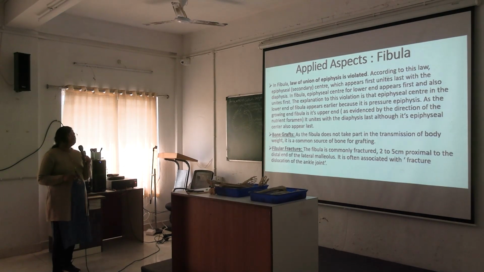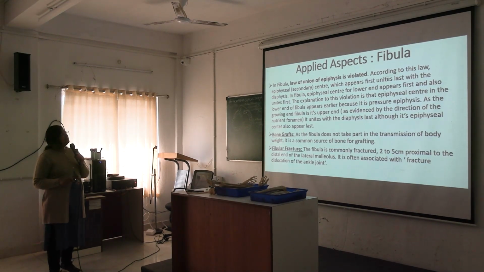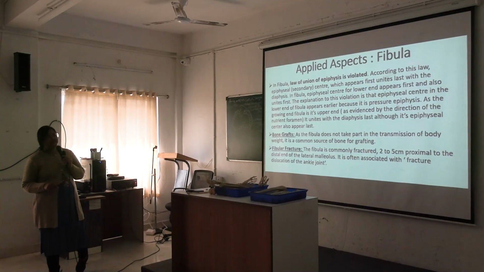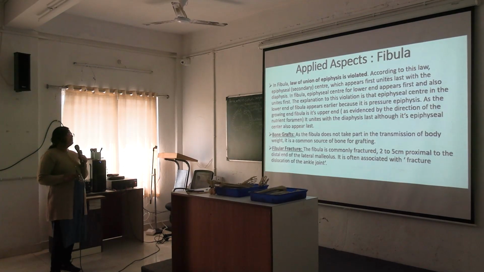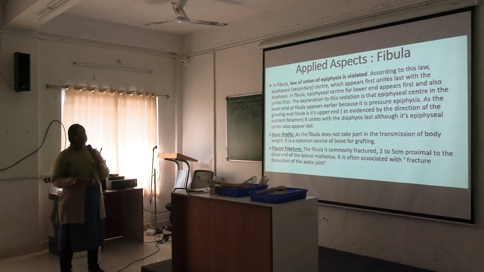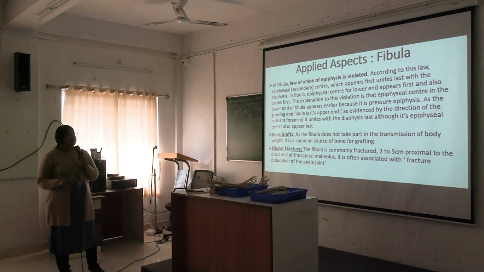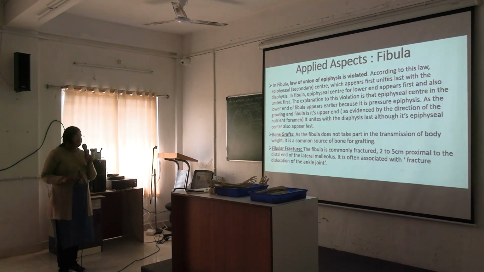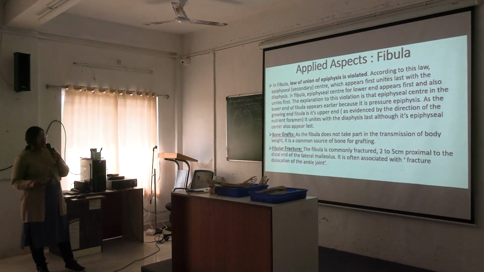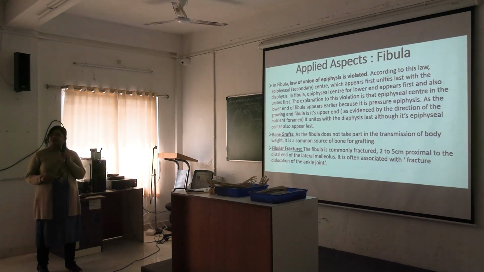So in the fibula, the law of union of epiphysis is violated. According to this law, the epiphyseal or secondary center which appears first unites last with the diaphysis. But in the fibula, the epiphyseal center for the lower end appears first and also unites first.